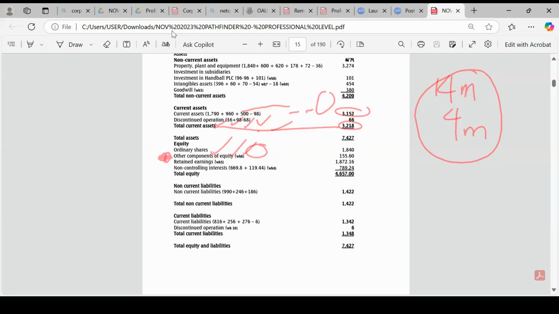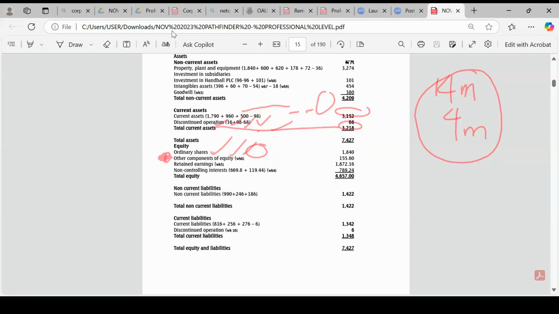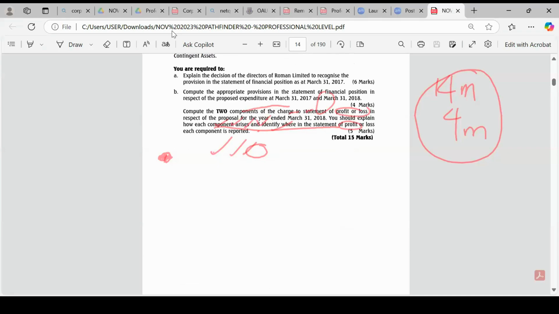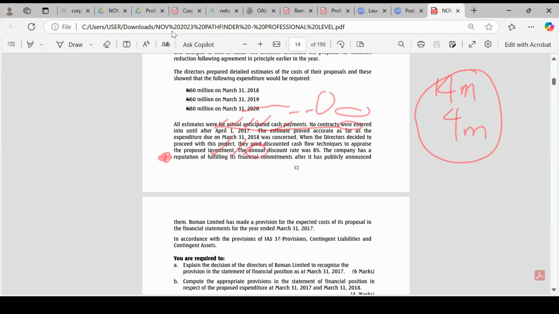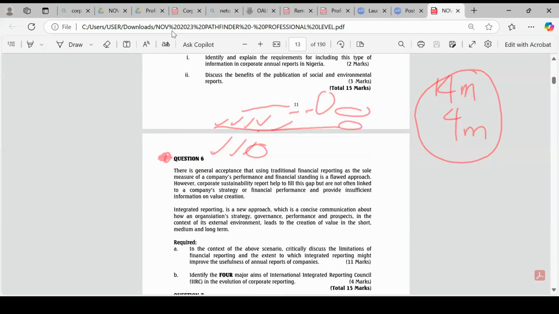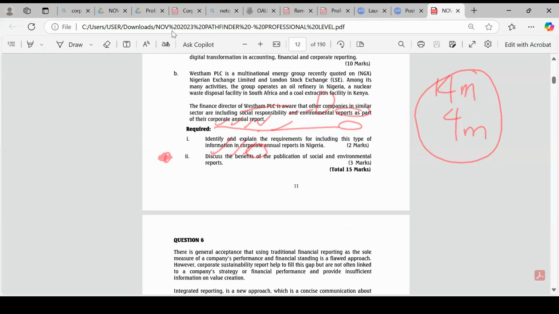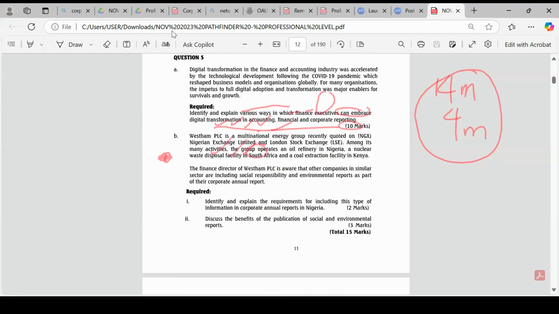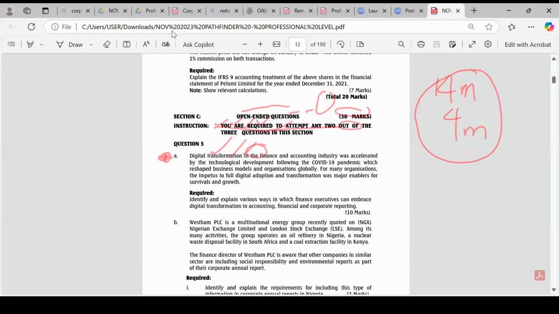But what they have done, they brought discontinued operation under liability. The 6 you are seeing here is that one. Trade payables, that you see on note 6. So that is that.